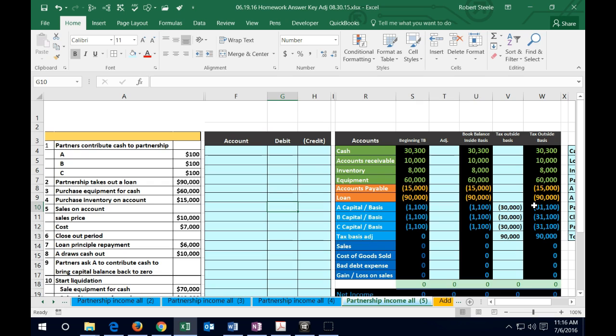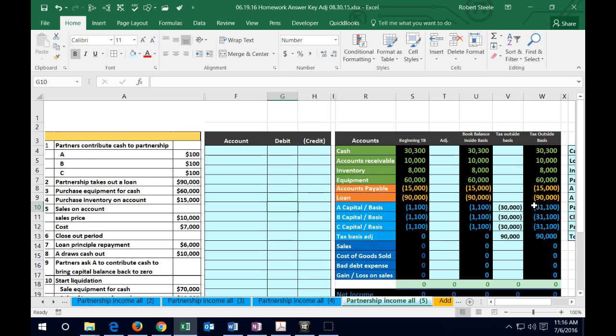So we're going to go through our 4-step process that we would go through if we were going through the full liquidation. We would first want to sell off all our assets, then pay off all the debts, and finally allocate to the partnership owners.